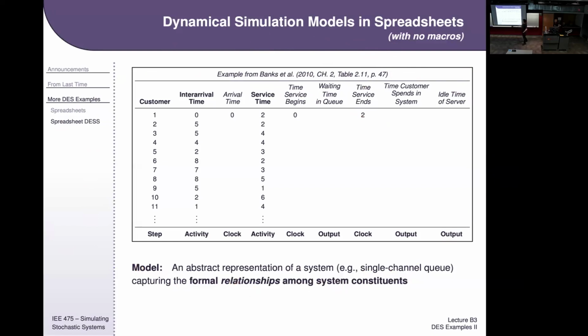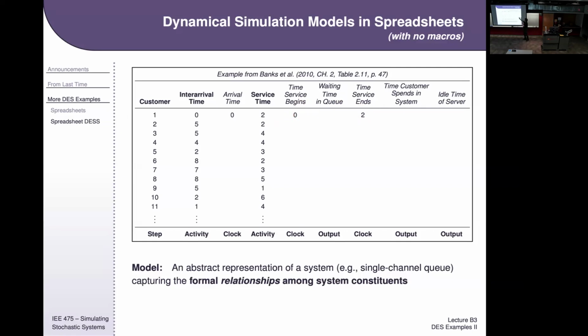So for every customer, there's their service times, and here's their inter-arrival times, where the first inter-arrival time is 0, and here's the initial conditions. Customer 1 arrives at time 0, their service immediately begins, and we know that their service ends because their service time is 2, and it immediately begins at 0.